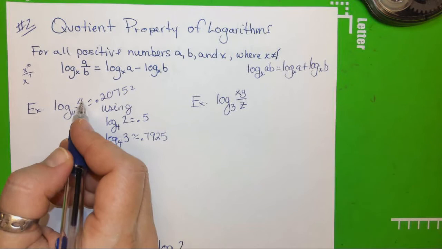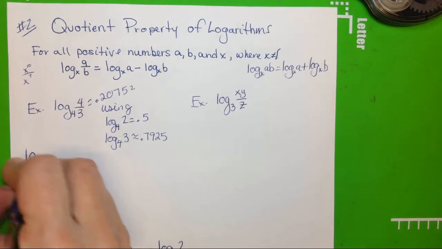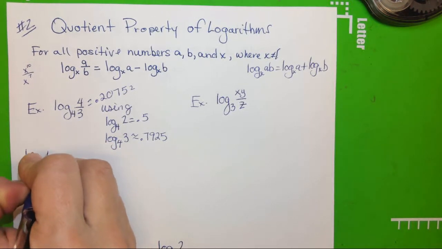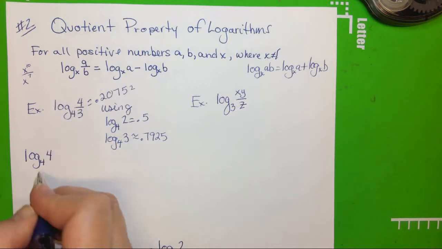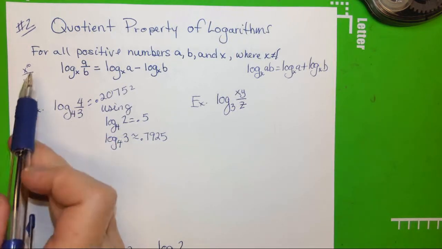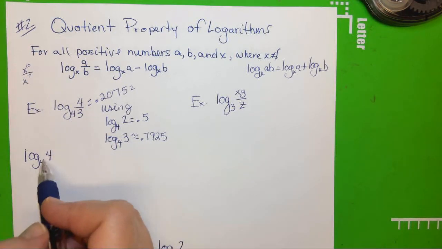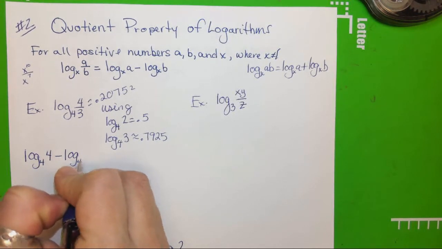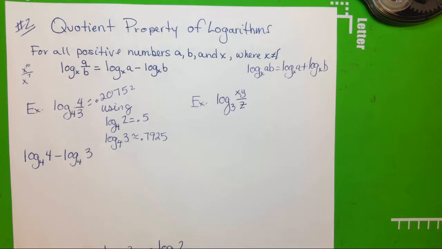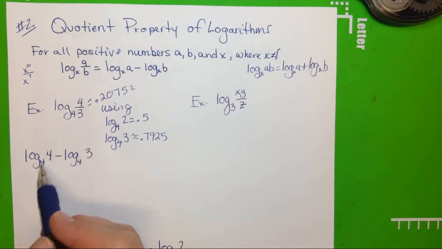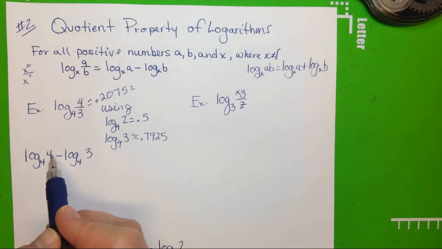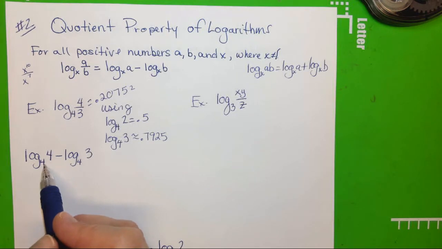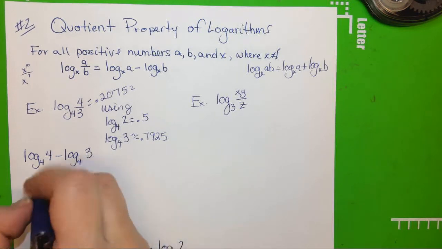So we have log base 4 of 4, that's the numerator, so it comes first, just like over here we'd have 10 minus 7. Then minus log base 4 of 3. Now, log base 4 of 4 is equal to 1, because 4 to the first power is 4.